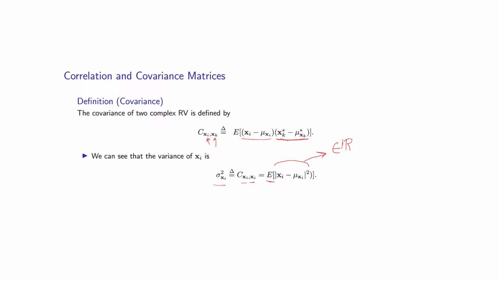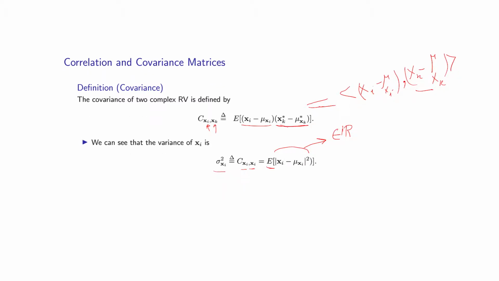Basically, this is equal to the inner product of xi minus mu xi, the deviation of the ith random variable from its center, with xk minus its center. Remember that in the dot product we put a conjugate on the second one, so it is very important to put the conjugate there.